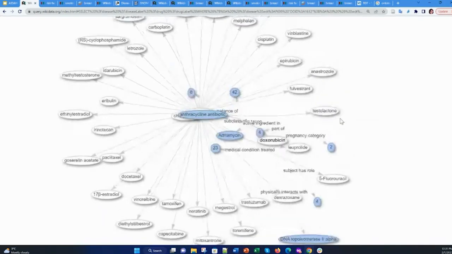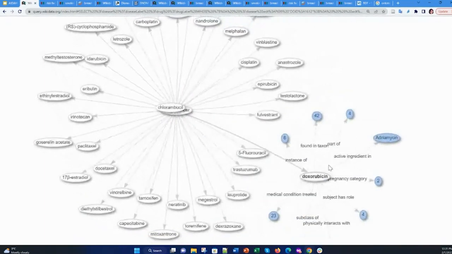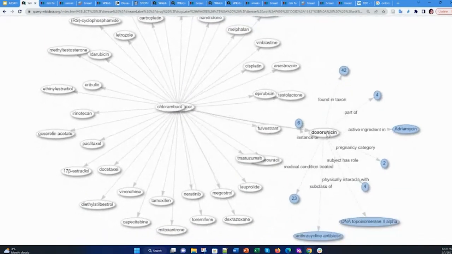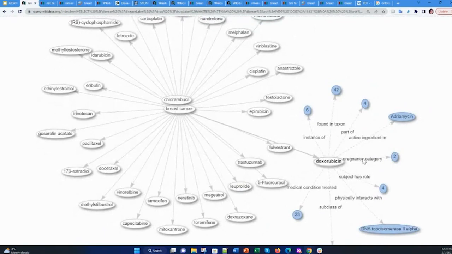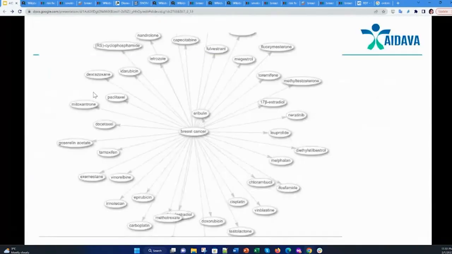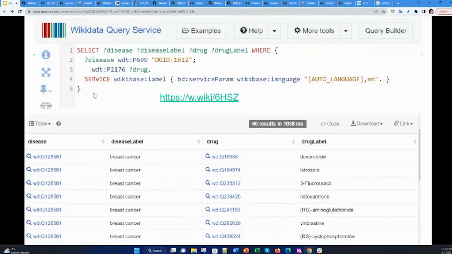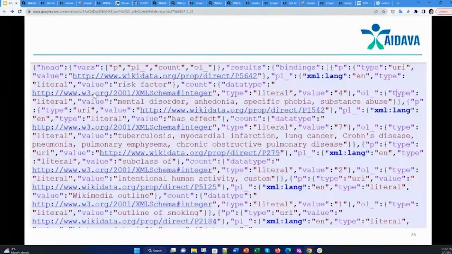We can also explore all these drugs and information for them. Also, we can see the JSON format of this information.